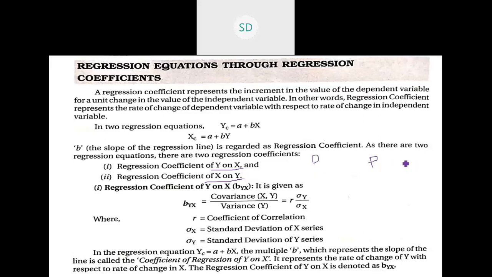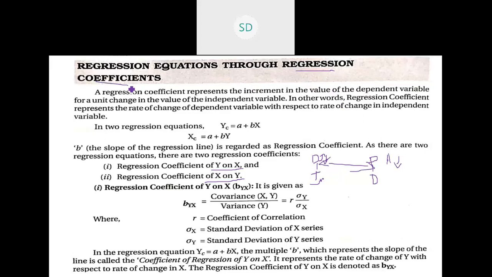Demand is an independent variable and price is the dependent variable. Now if demand changes, how much will the price change? Or what is the percentage of effect happening on demand and price when there are changes happening in the economy? That can be measured through regression coefficients.